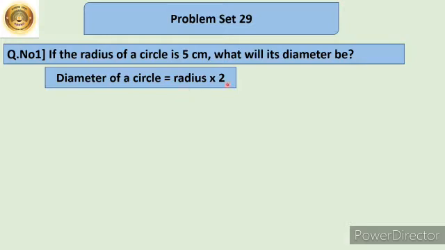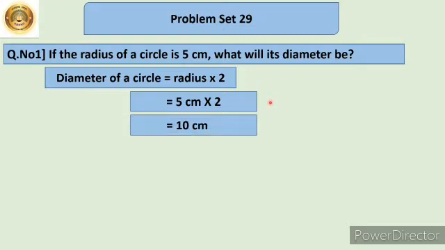Radius is given in the question. Radius of a circle is equal to 5 cm. So 5 cm multiplied by 2. 5 2s are 10. 10 centimeter. So diameter of a circle is 10 centimeter.